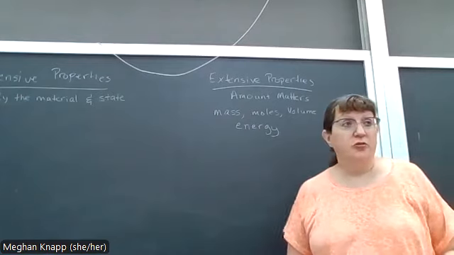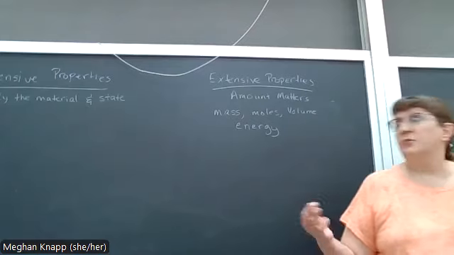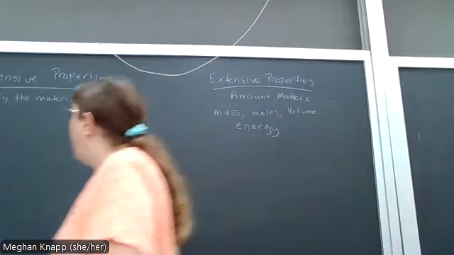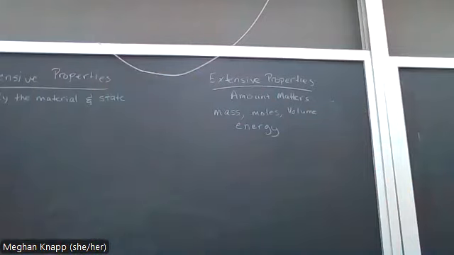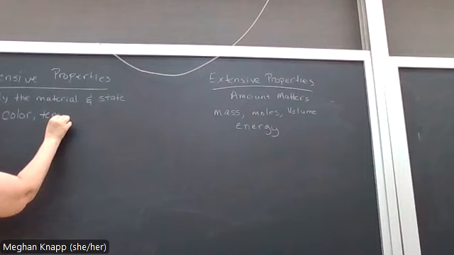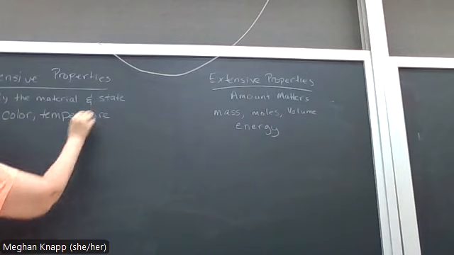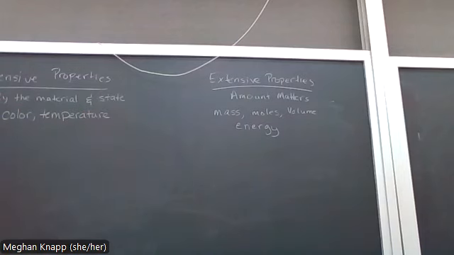So water at 100 degrees Celsius, yes, that's problematic. Water at 25 degrees Celsius, not so much of a big deal. So only those matter. If we look at things like color and temperature, those are intensive properties. We're not going to focus on those though.